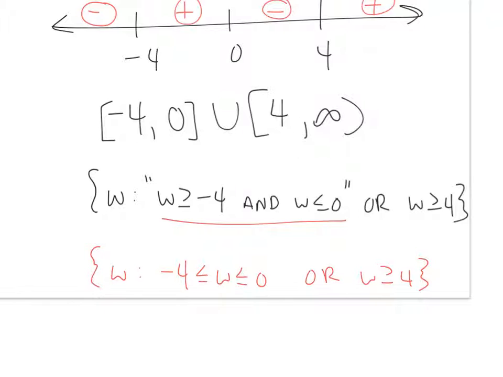All this means, just so you know, is that W goes from -4 to 0, including the endpoints. That's the same thing as this. W ranges from -4 to 0, including the endpoints. Or is from 4 to infinity, or everything greater than or equal to 4. Questions on this?